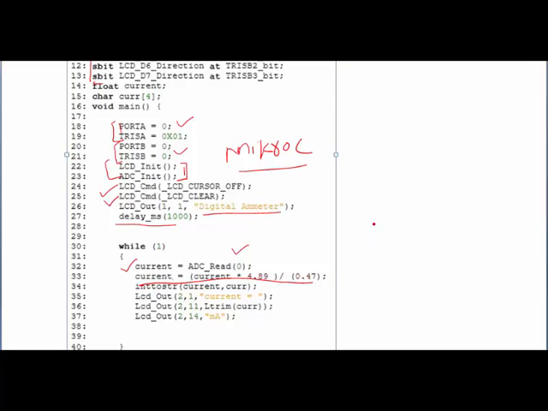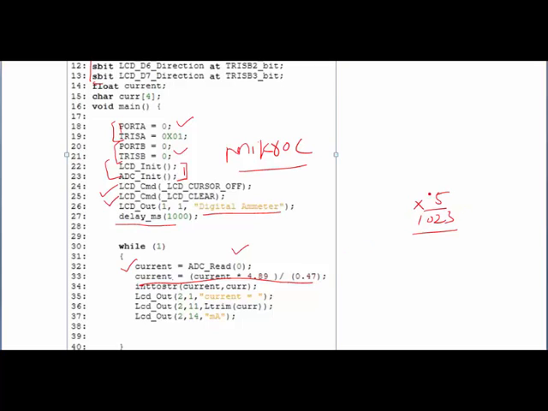So what we are doing here, first of all, in case of ADC, we convert the measured ADC value back into voltage by multiplying it with 5 by 1023. This is basically a resolution factor.